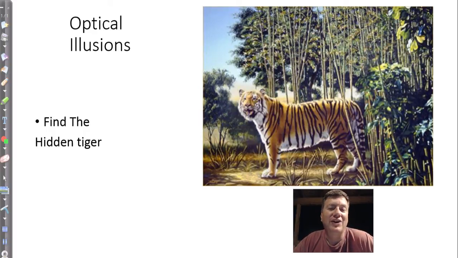And if not, I'll show you where it is in 3, 2, 1. The hidden tiger is right here. Here is the hidden tiger written in the stripes. So there again, your brain was processing what a tiger looked like and not looking for the words. A little sneaky, I know.